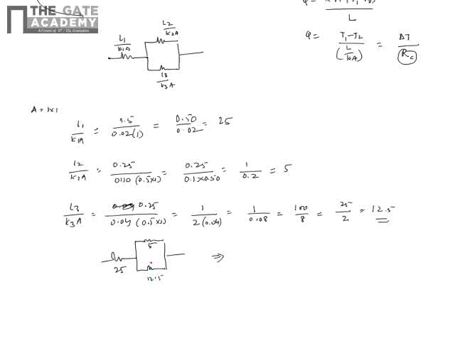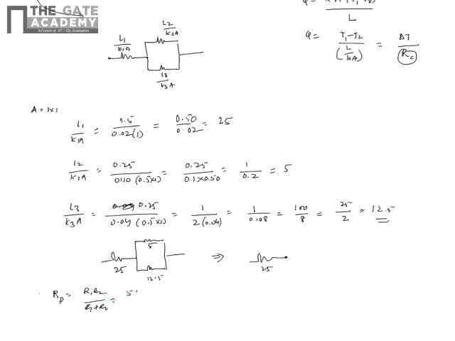So effectively these are in series, these are in parallel. In series they add, in parallel they follow a harmonic rule. So for these two, the R for the parallel will be R1 R2 by R1 plus R2.